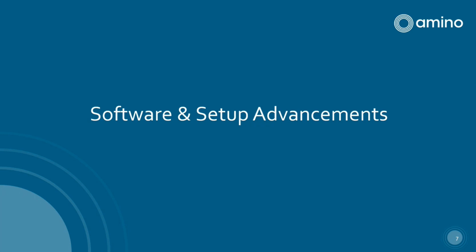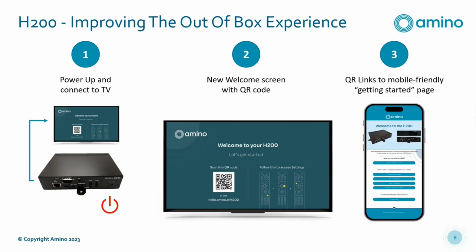So some of the key things that I'm excited to tell you guys about is, first of all, the out-of-box experience. In everything that we're talking about in these improvements, you'll see a theme about just improving the software and the support so that we can get customers to self-service.